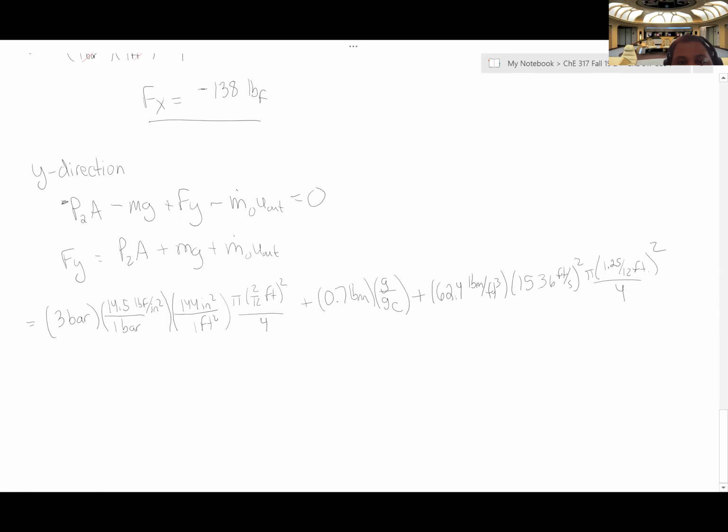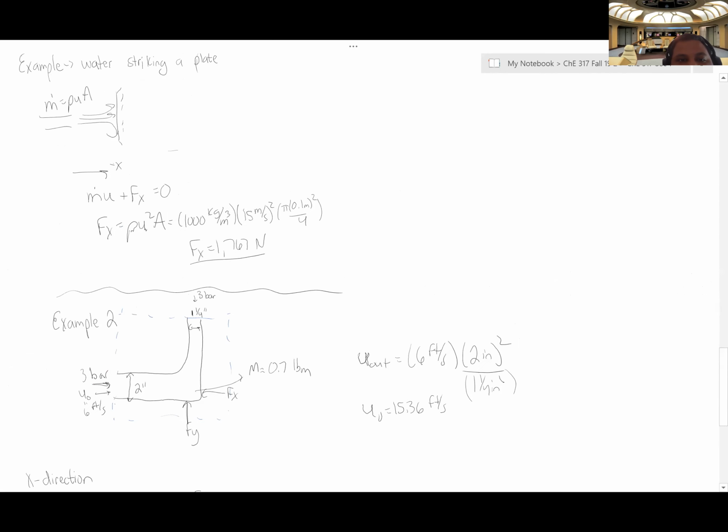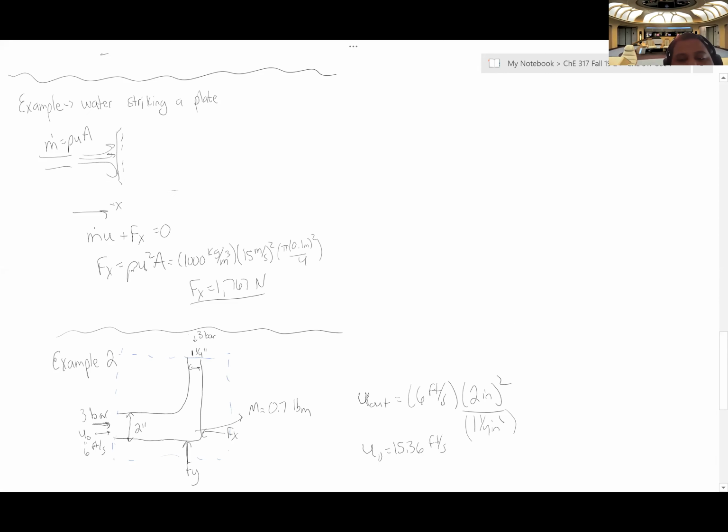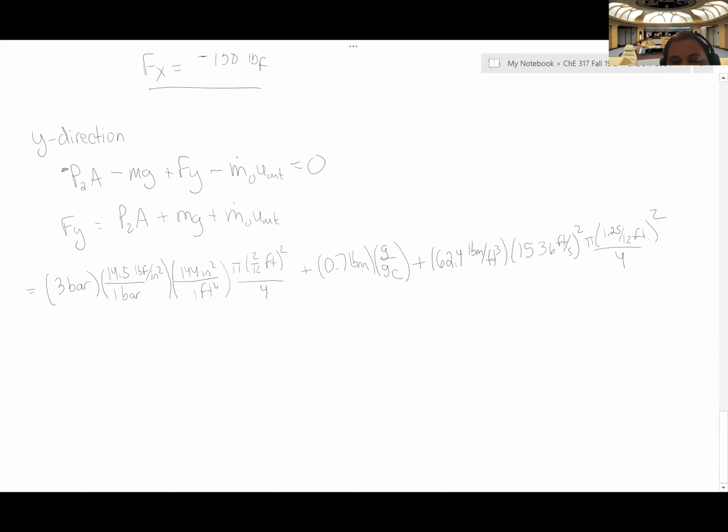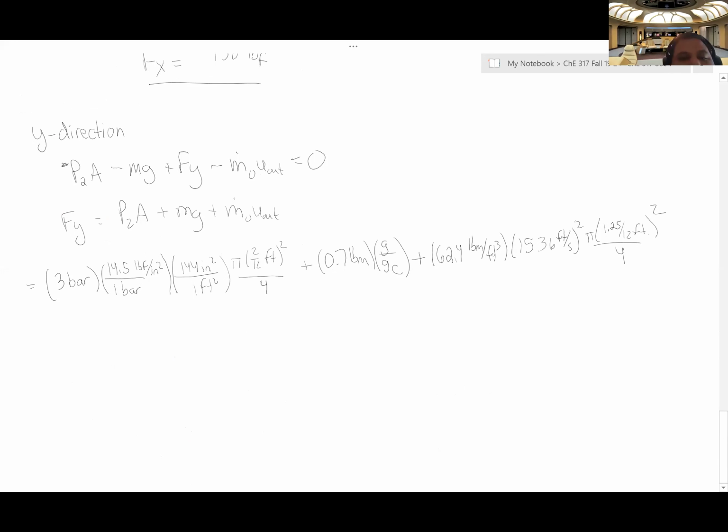And so I know I keep having to zoom out, which if you've noticed, that's just my trend when I do notes, I end up zooming out more and more. So I have my pressure term, my gravity term, and my convective flow term. If you do those calculations, Fy should be equal to 53.6 pound force, and it's positive.